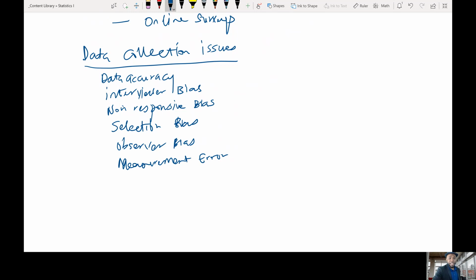Another issue would be the internal validity. And then also external validity. We can talk about that when we meet on Friday. Well, these are just the different types of issues.